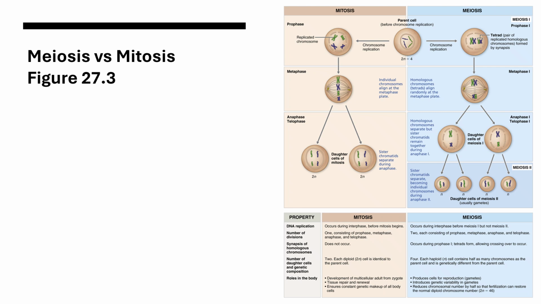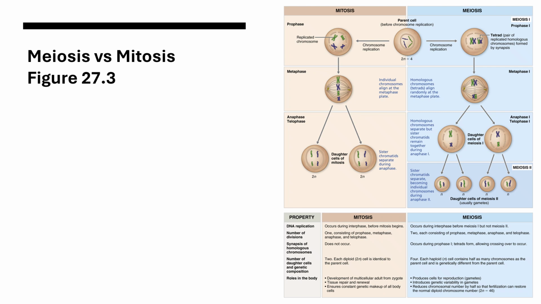As far as DNA replication goes, in mitosis, it only occurs during interphase, before mitosis begins. In meiosis, it only occurs in interphase before meiosis 1, but not in meiosis 2. Number of divisions: mitosis only has one division. Meiosis has two. Make sure you know that.